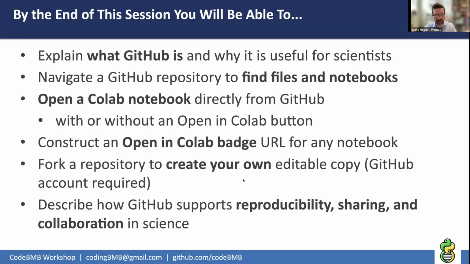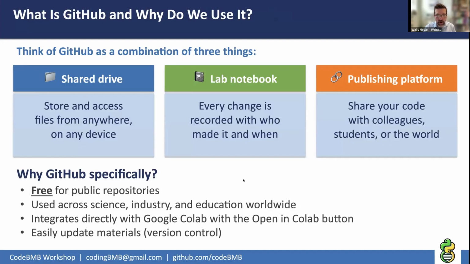Okay, let's start with some basics. What is GitHub? I think the easiest way to think about it is a combination of things that we already know. It's like a shared drive, like Dropbox or Google Drive, except it's designed really specifically for code and text files. It's also like a lab notebook because every change that you make is recorded: who made it, when they made it, what they changed.